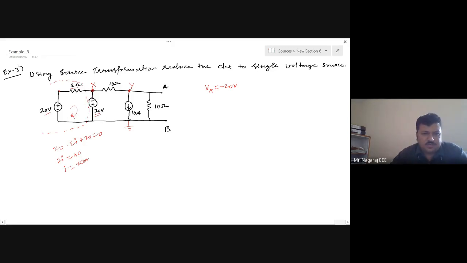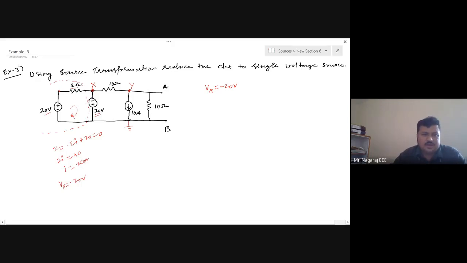Now what is the voltage value at X? Vx. If I want Vx, I have to apply KVL from X to the node. This we will see in the later part of loop analysis. Now what is Vx? Vx is equal to minus 20 volts.